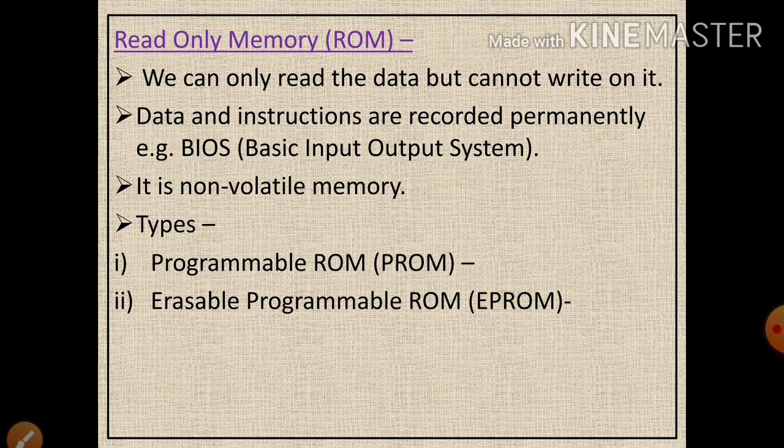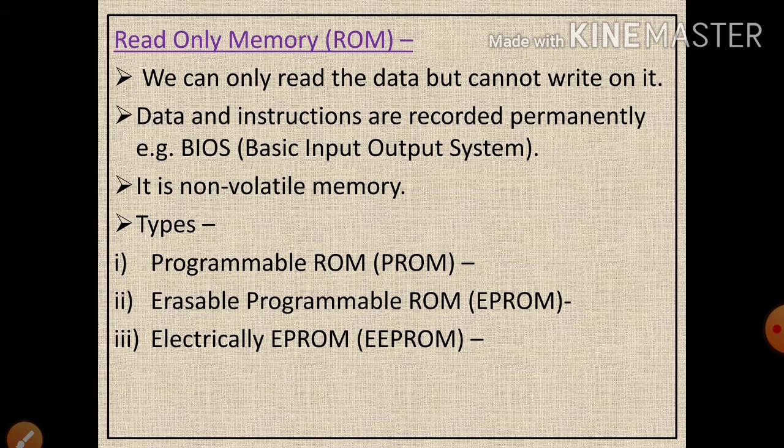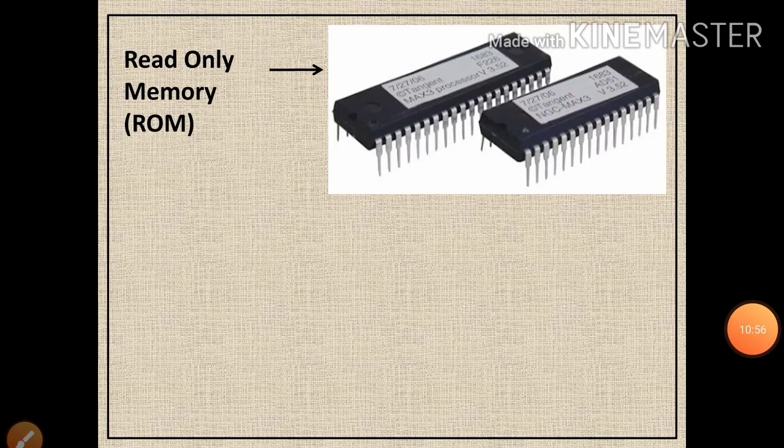The third type of ROM is electrically erasable programmable read-only memory, also called EEPROM. Here, instead of UV light, we use electrical signals to erase the data from the chip. Now you are able to see the picture of ROM over here.